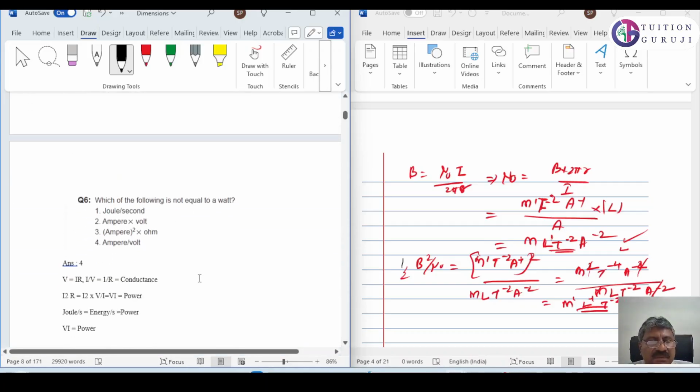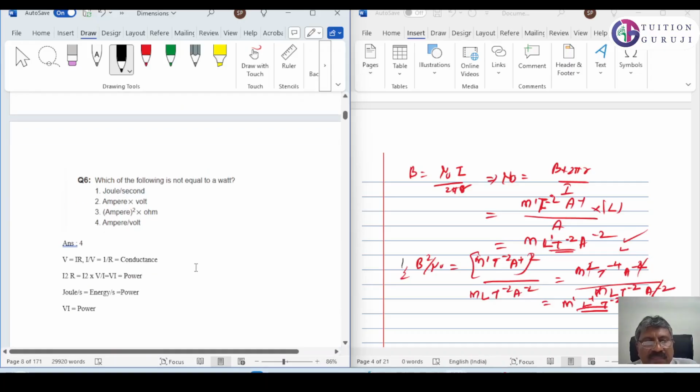Next one, which of the following is not equal to watt? Joules per second is energy per second, which is nothing but power, equal to watts.